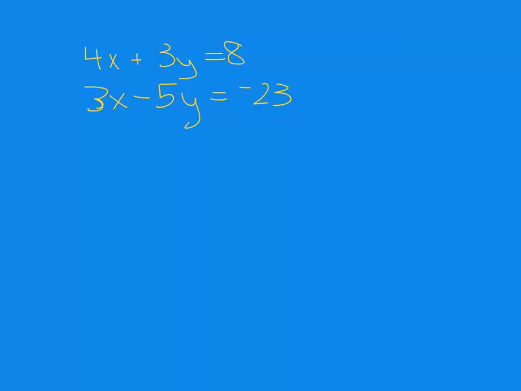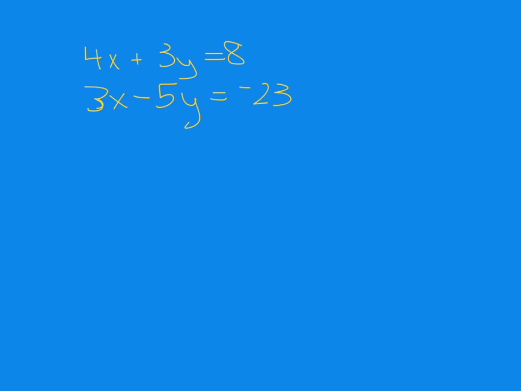In the second system of equations, you can see that all of my variables have coefficients other than 1. So I have a 4x, a 3x, a 3y, and a negative 5y. Now again, you can eliminate whichever variable you choose. You can eliminate the x or the y. I like to eliminate the y in this system because they already have different signs.